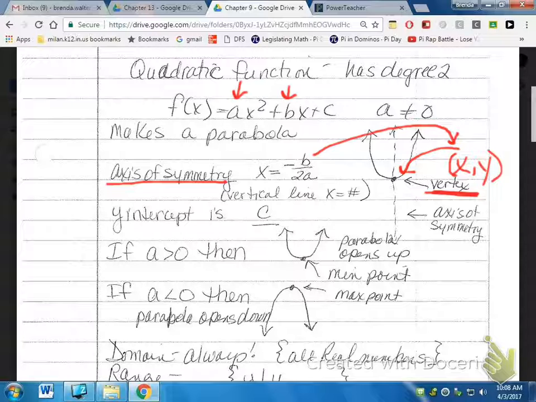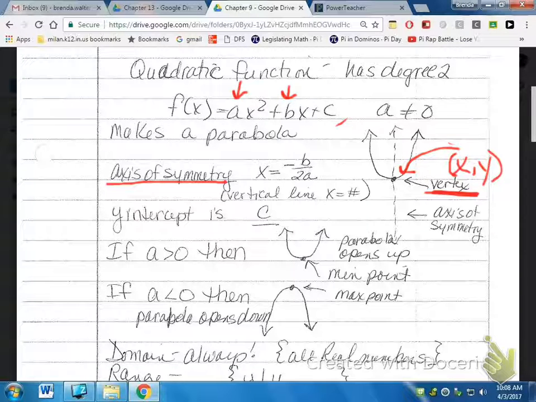Okay? That would be the x value because it crosses right there on the axis of symmetry. Also, the y-intercept is c. The number at the end by itself is the y-intercept.